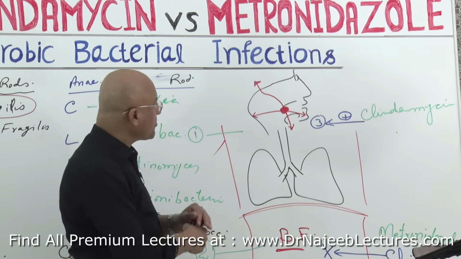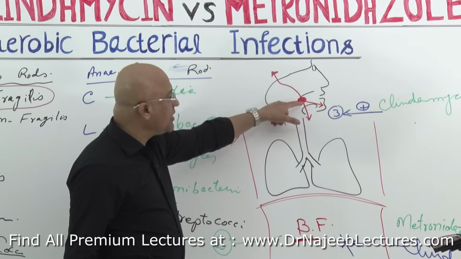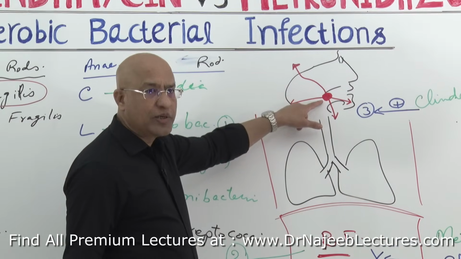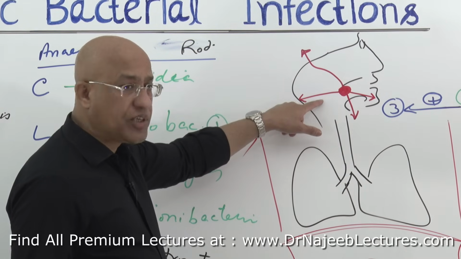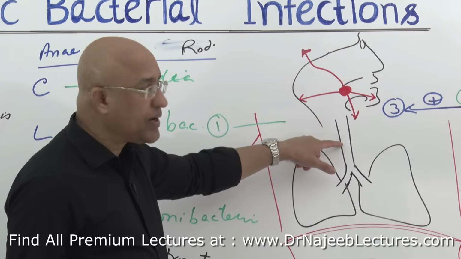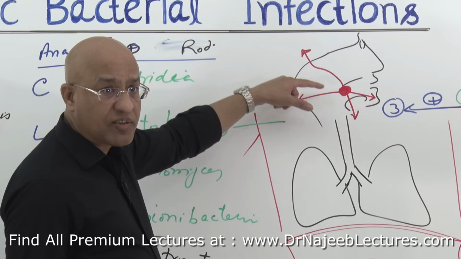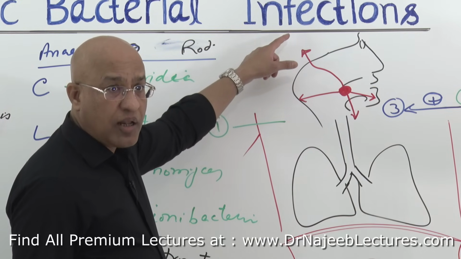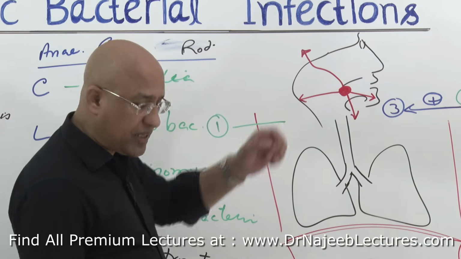Right? Now, from the oropharyngeal area, as I mentioned previously, these organisms can lead to orodental infections, oropharyngeal infections, deep neck infections, and infections can even go through the air sinuses to the central nervous system and produce brain abscesses.